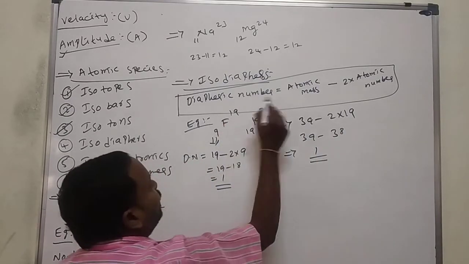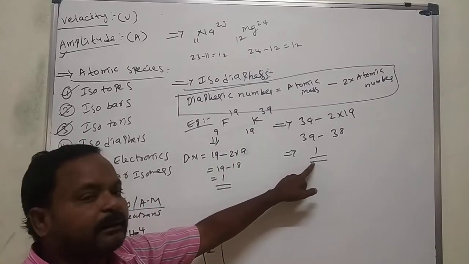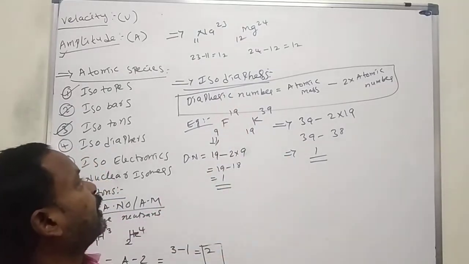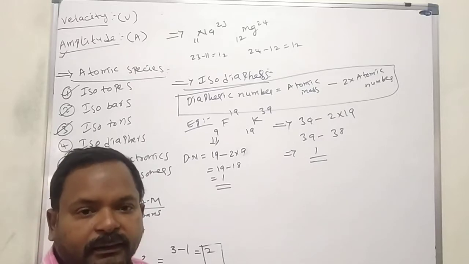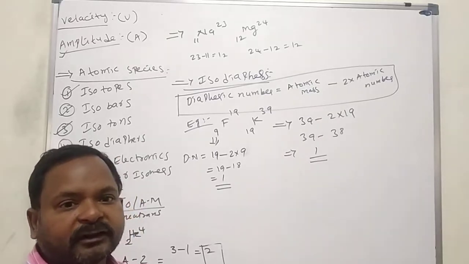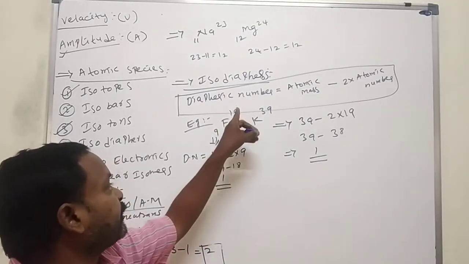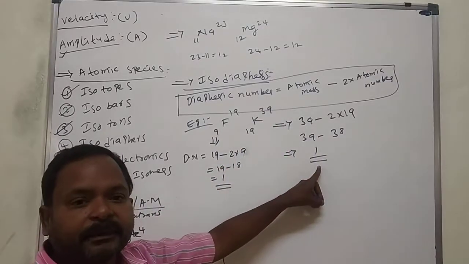See here, these have different atomic number and atomic mass, but the same diaphoric number, so we call them isodiaphers. What are the isodiaphers? The atomic species which have different atomic number, different atomic mass, but the same diaphoric number.